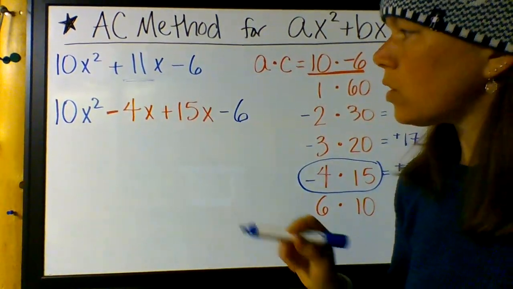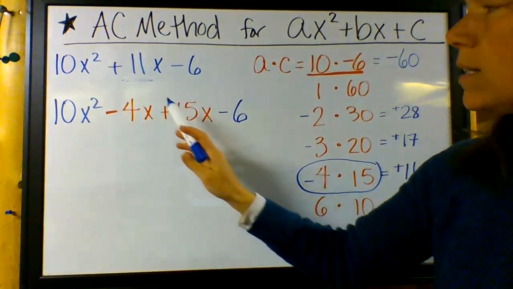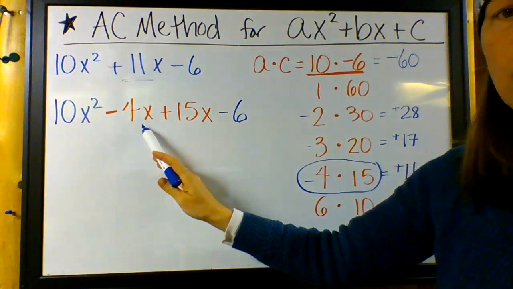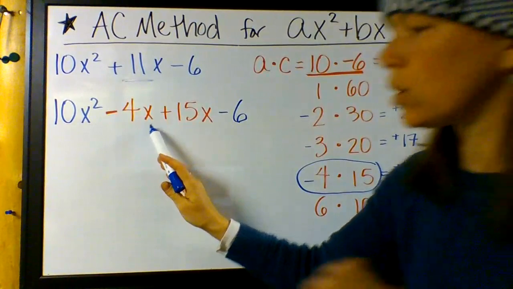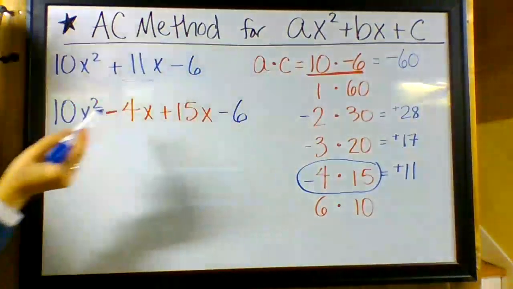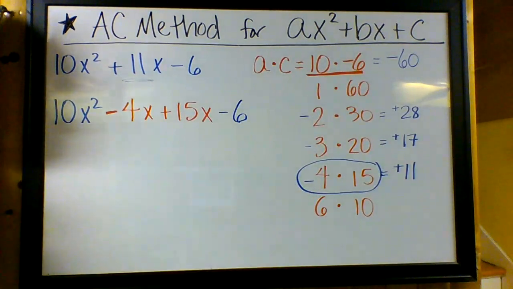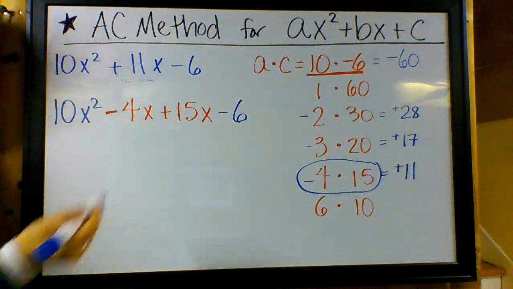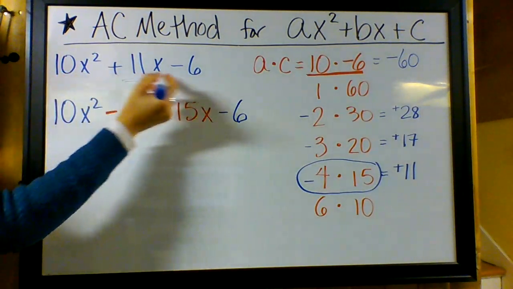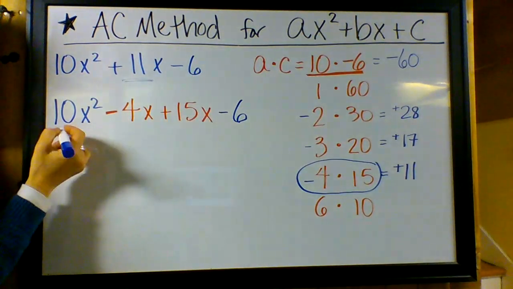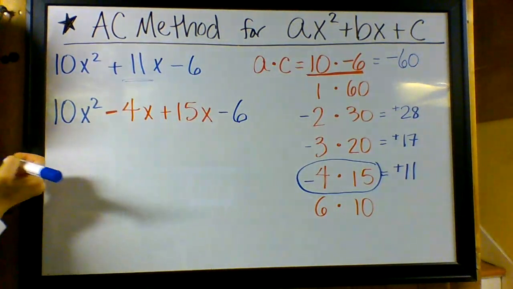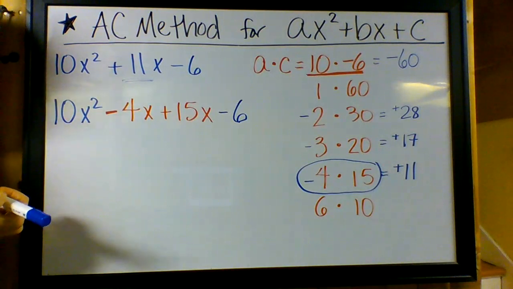Okay? So what I'm going to do is take those two and split up the middle term, that positive 11x, by using those two numbers. So what I want is this original trinomial to equal this new, what are we calling it, quadrinomial?